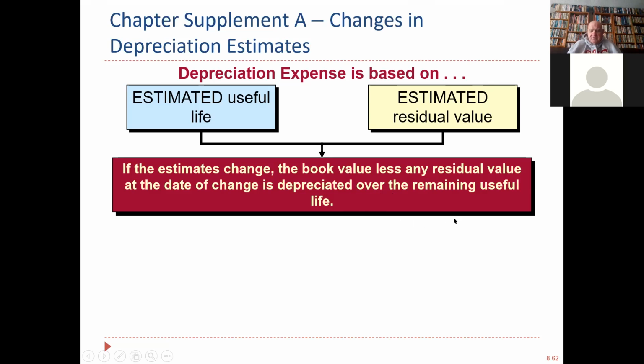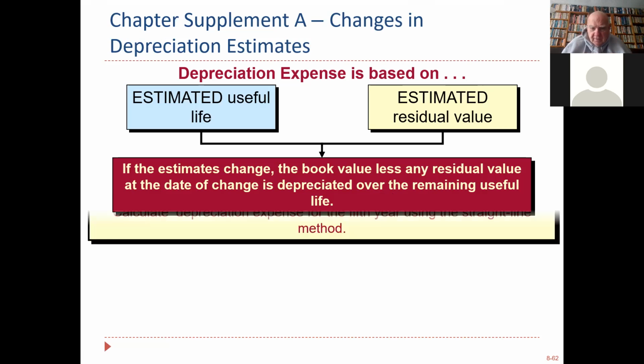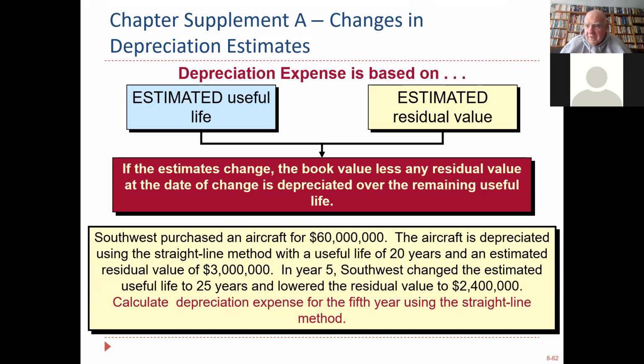If the estimates change, the book value less any residual could be different. A good example is you have a machine and you paid 100,000 for it, and now you spent another 40 to improve it. Remember the improvements? So here, Southwest bought an airplane for 60 million, and they're depreciating it over 20 years, and the residual value is 3 million.